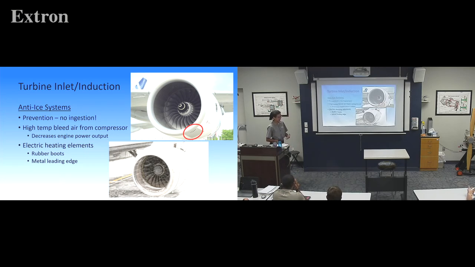No de-icing, just anti-icing. Very often we'll take high temperature bleed air from the compressor and duct it out to our inlet. However, the downside is it does decrease engine power output a little bit. We're sucking off that bleed air.